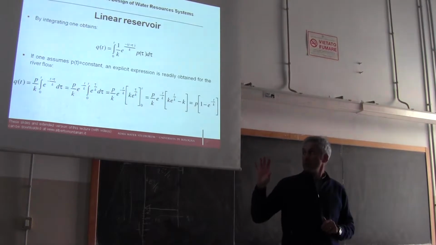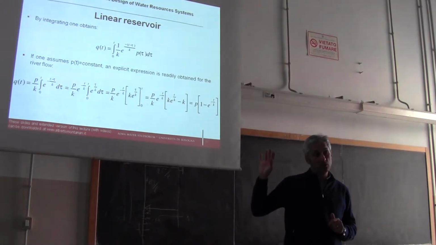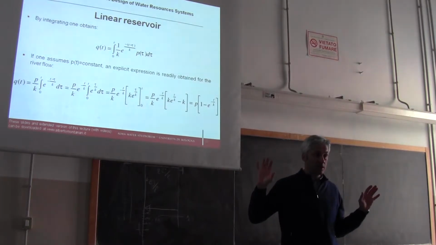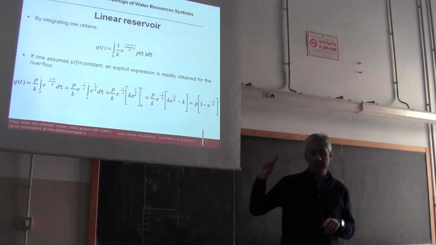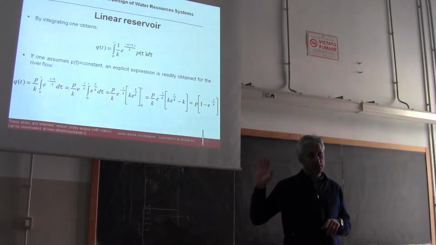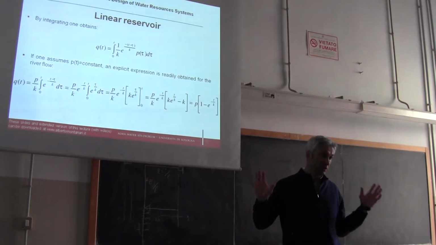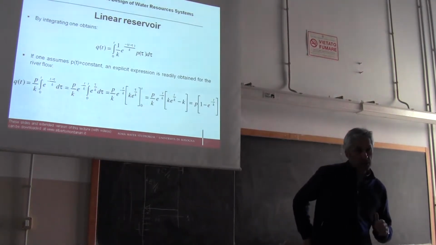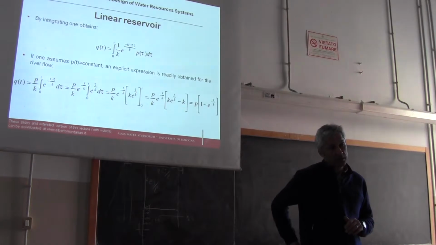And there is no means here to take into account other losses besides the outflow from the bottom reservoir, which means that you don't consider losses like evapotranspiration, which is an important component of the water balance.